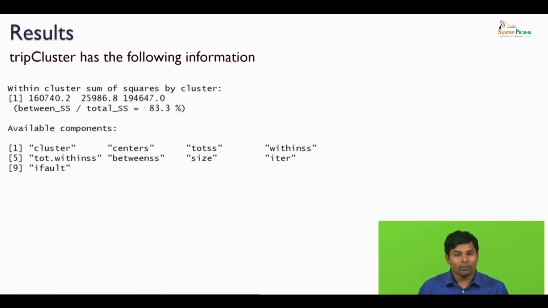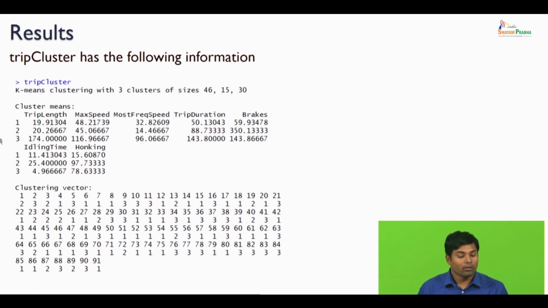Essentially, when you build a k-means model, it gives you the following information: how many clusters it has built, how many data points are in each of these clusters, what the means of each of these clusters are, and how each point is categorized into one of the 3 clusters which you want to build.